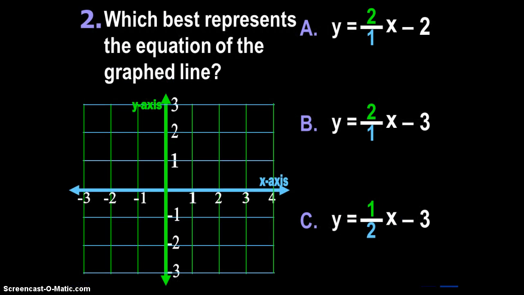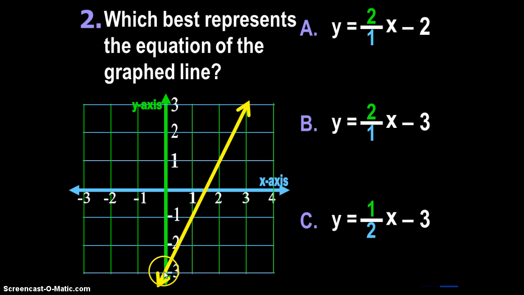Okay, I will just work through an example with you. Which of these three best represents the equation of the graphed line? Let's look at the graphed line first. So we have a graphed line in here. The very first thing we need to look at is the y-intercept. Where does this line touch the y-axis?